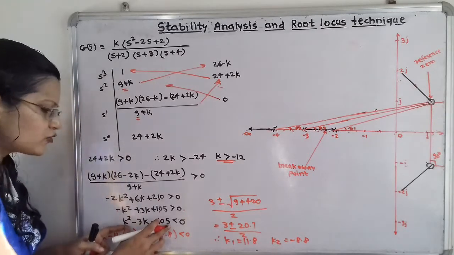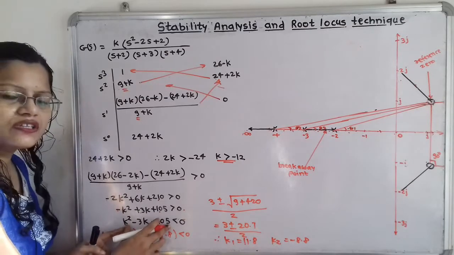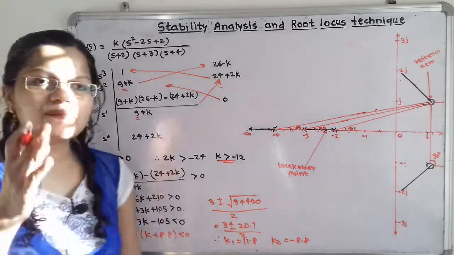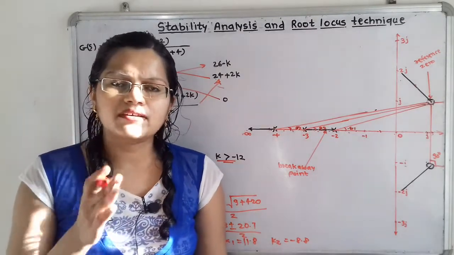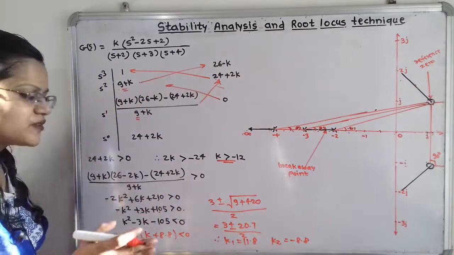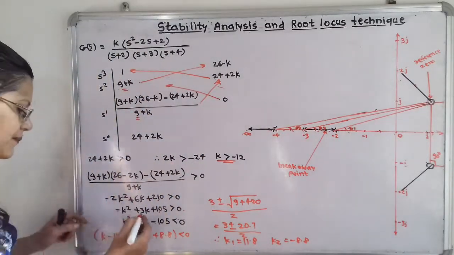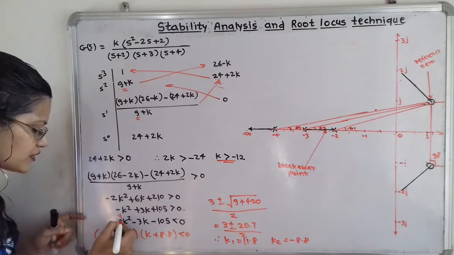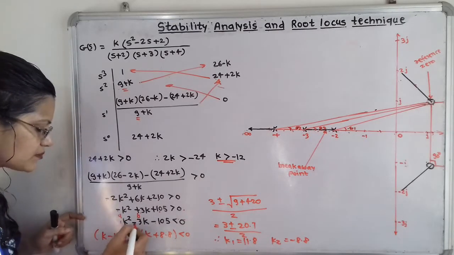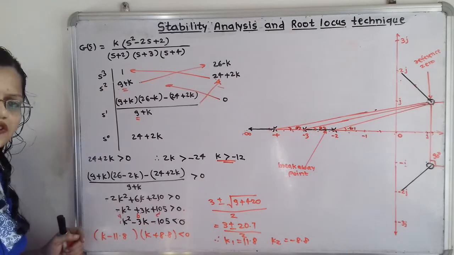So how to find its roots? This is a second order equation, so the roots are minus b plus minus under root of b square minus 4ac, divided by 2a, where a is the coefficient of k square, that is 1, b is minus 3 and c is minus 105.